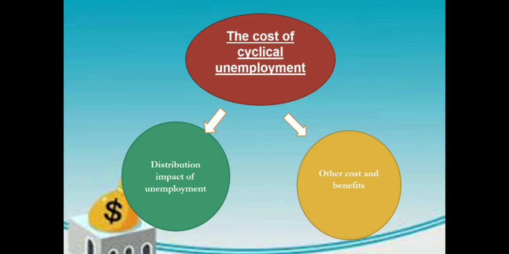Like Okun's law, the distribution impact of unemployment also has to be taken into account. In general, what is the distribution impact of unemployment? Unemployment hits poor people harder than it hits the rich. And this aspect should increase concern about the problem.